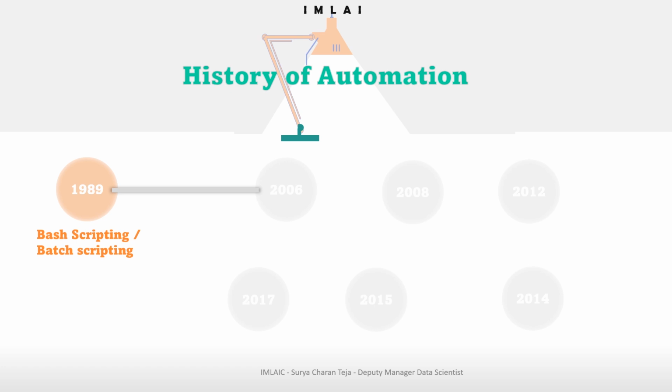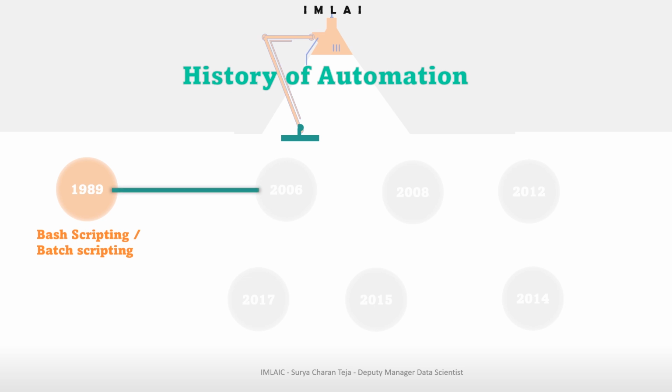So of course, a normal Linux oriented operating system related tasks can be automated using bash scripting, and Windows operating system related tasks can be automated using batch scripting. But when it comes to automating the tasks of database, virtualization, and cloud, it's pretty difficult. It doesn't have that capability at that time.